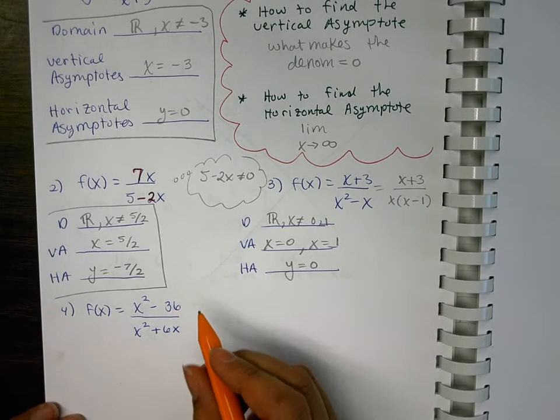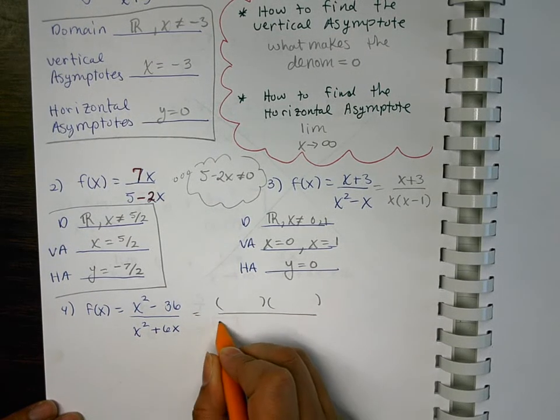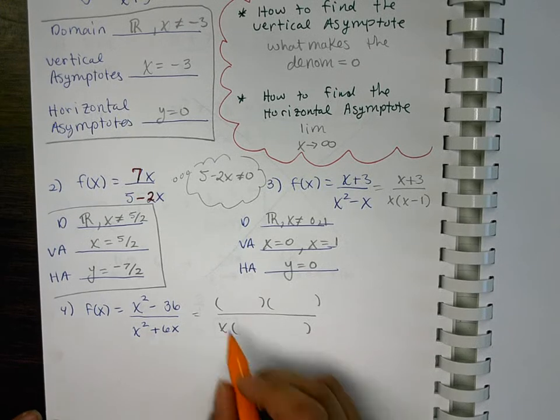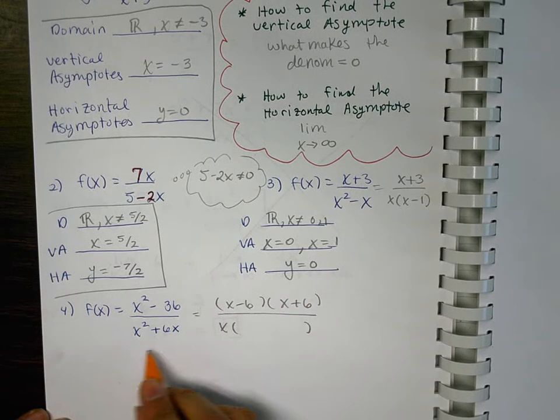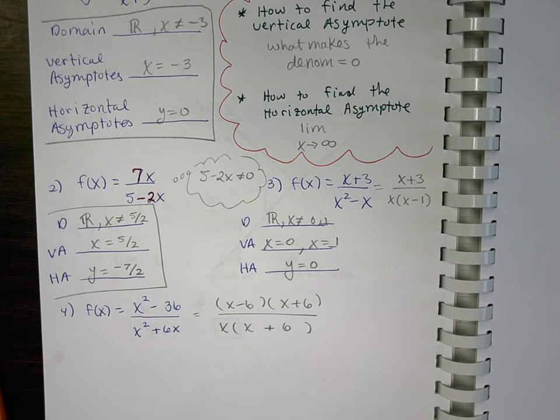Okay, so let's factor difference of two squares, GCF. Okay, what do you get for the top? X minus 6 and x plus 6, and the bottom I'm left with x plus 6. What's a little different about this one? We can what? Reduce. We can cancel things out. Do you guys agree? Okay, that does change things.